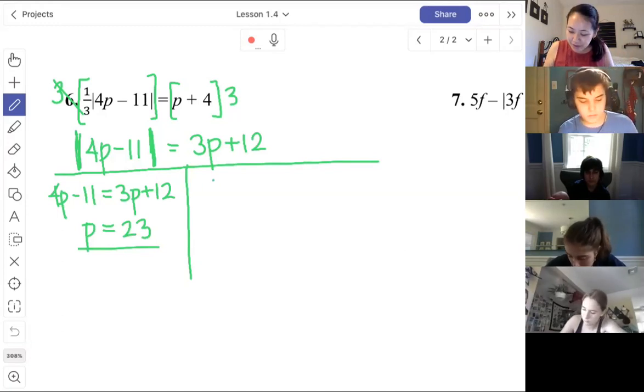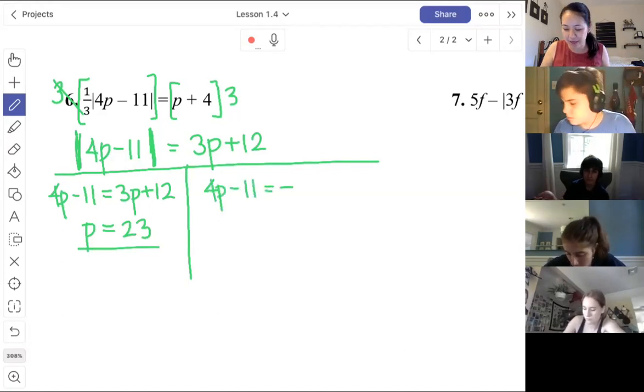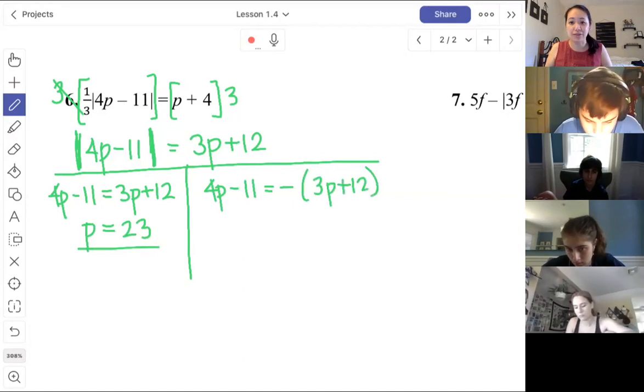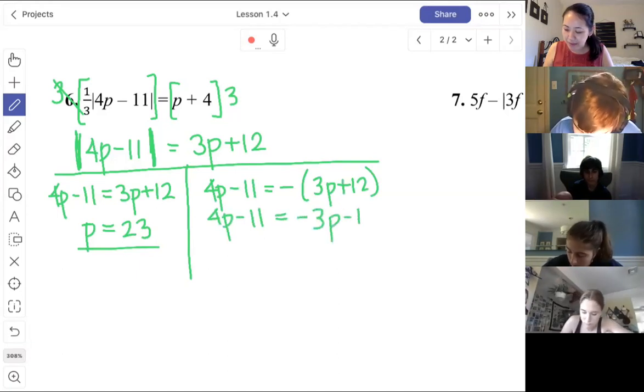Right-hand side, I have 4p minus 11 is equal to now the negative version. So I'm going to go negative parentheses 3p plus 12. Use those parentheses because you're going to have to distribute that negative. So I get 4p minus 11 is equal to negative 3p minus 12.